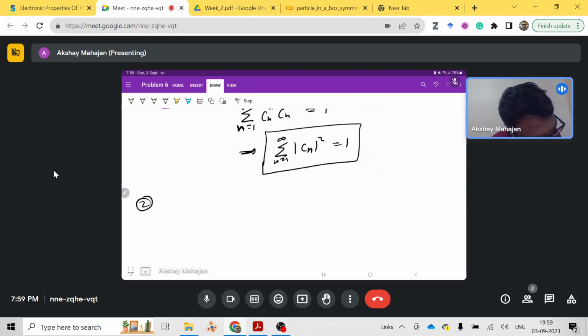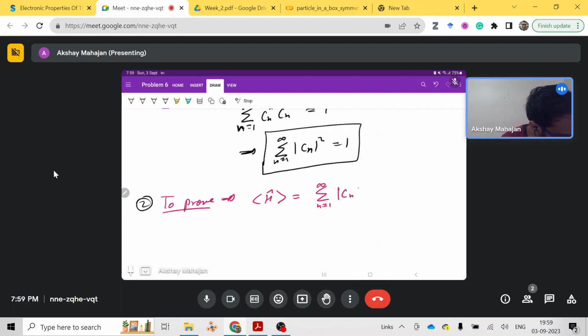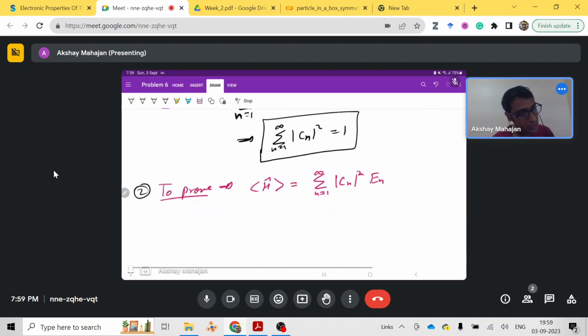The second part that we have to prove is that the expectation value of our Hamiltonian, this is the average energy, comes as summation n equal 1 to infinity mod of cn square En. This we have used, but now basically we have to prove it.